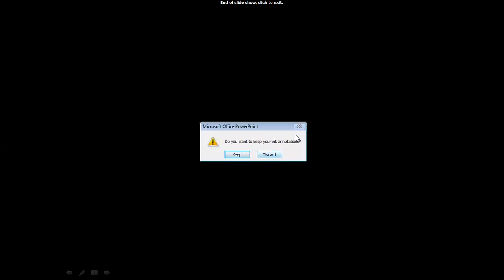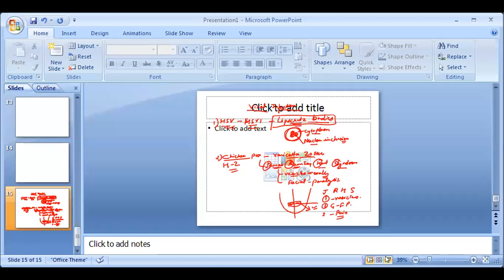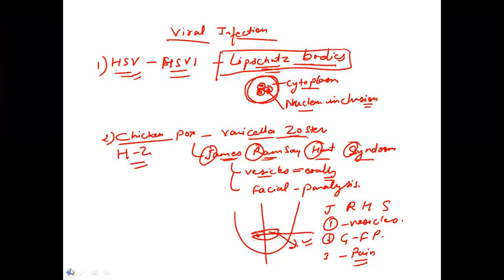The next one is hand, foot, mouth disease, which is caused by Coxsackie A16.